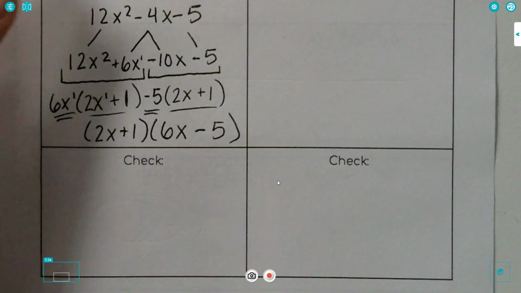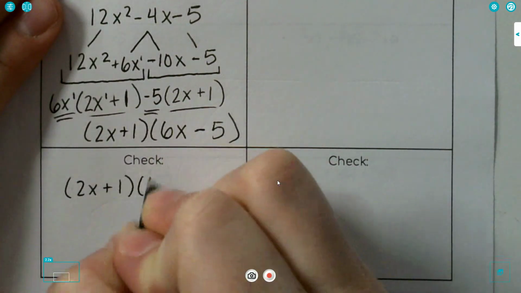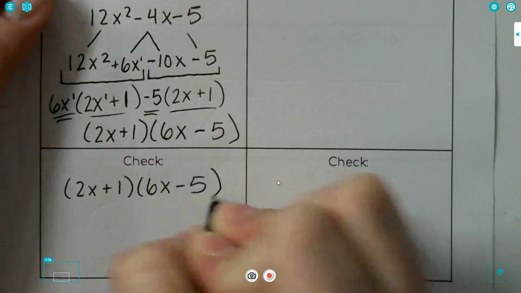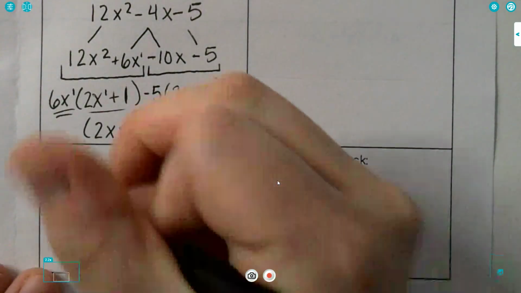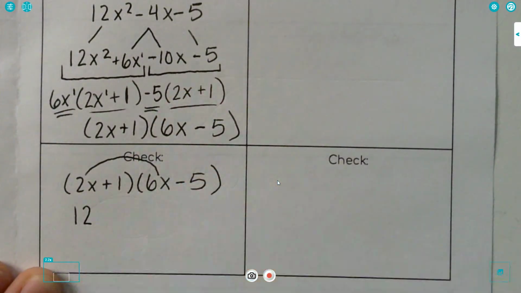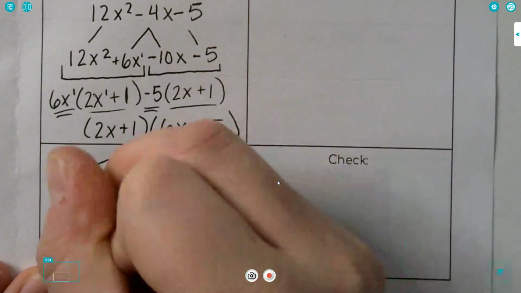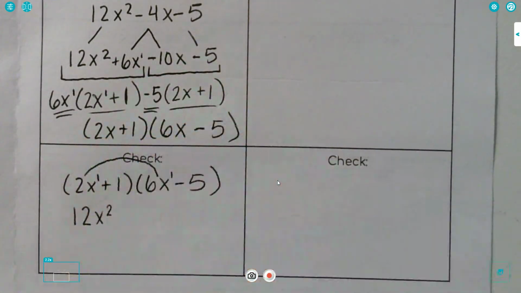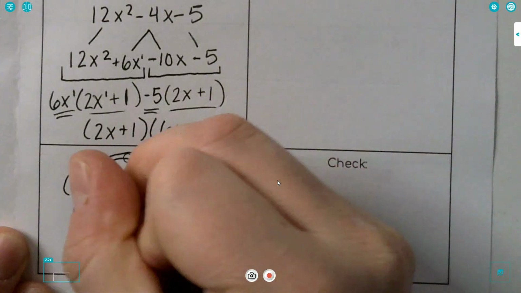Okay. So, we are going to take 2x plus 1 and multiply it by 6x minus 5. We have 2 times 6 to be 12. And then we add our exponents. 1 plus 1 is 2. So I've got 12x squared. 2 times negative 5 is negative 10.